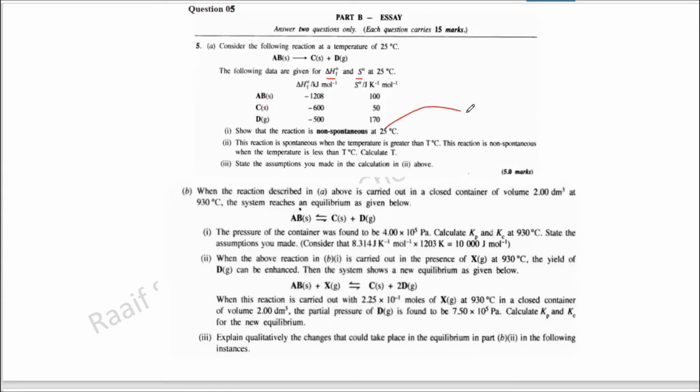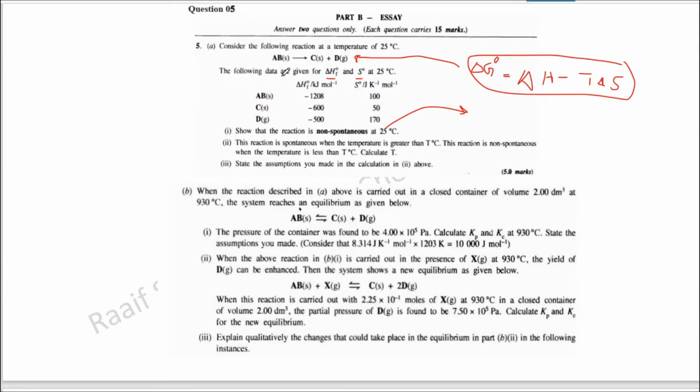To show a reaction is non-spontaneous, you have to use the reaction delta G theta is equal to delta H minus T delta S for this given reaction. But you don't know delta H or delta S at this point, because you know only delta H for these compounds individually.